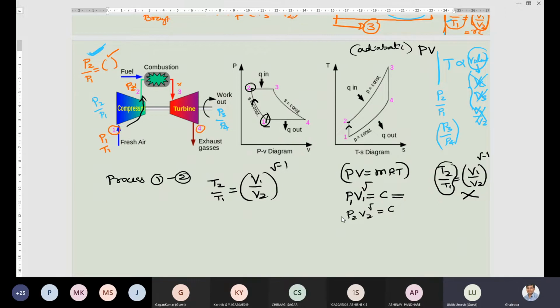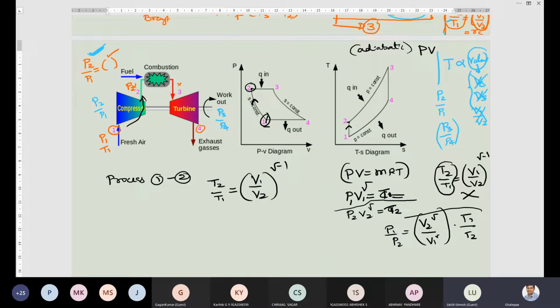Now what I do is take the ratio P1 by P2. So V1 by V2, like this ratio, I will convert. What is C here? C is constant. For the T1 side it is C, and here it is T2, and T1 and here T2.